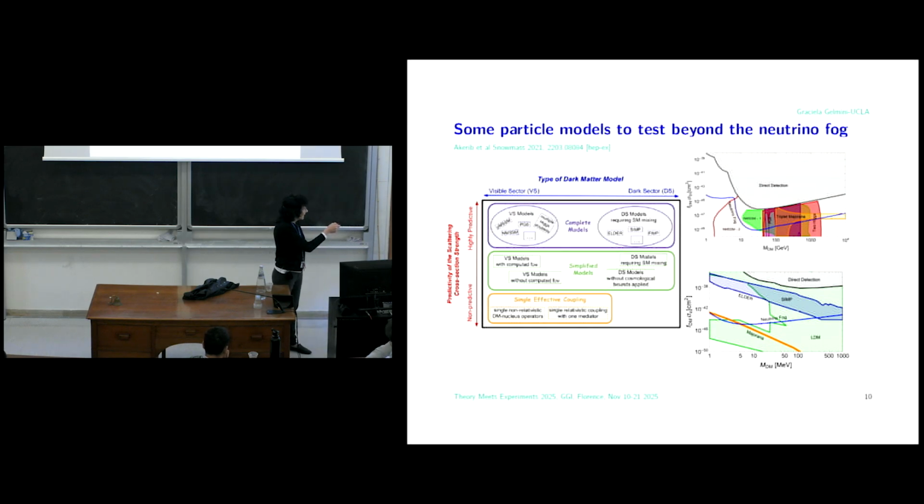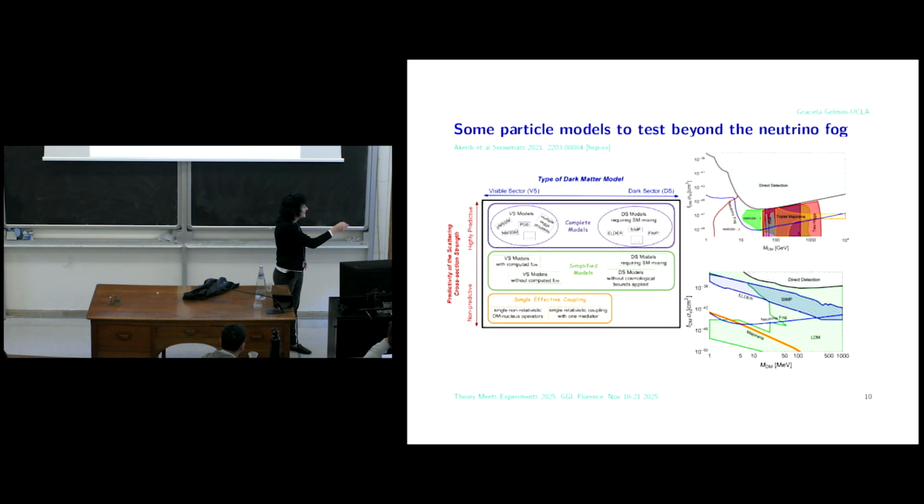And moreover, from the point of view of dark matter, here you see the classification that I have been using. This is another way of presenting exactly the same. So here you can order many models, of different types, either in the visible sector or in the dark sector, and highly predictive or practically non-predictive at all.